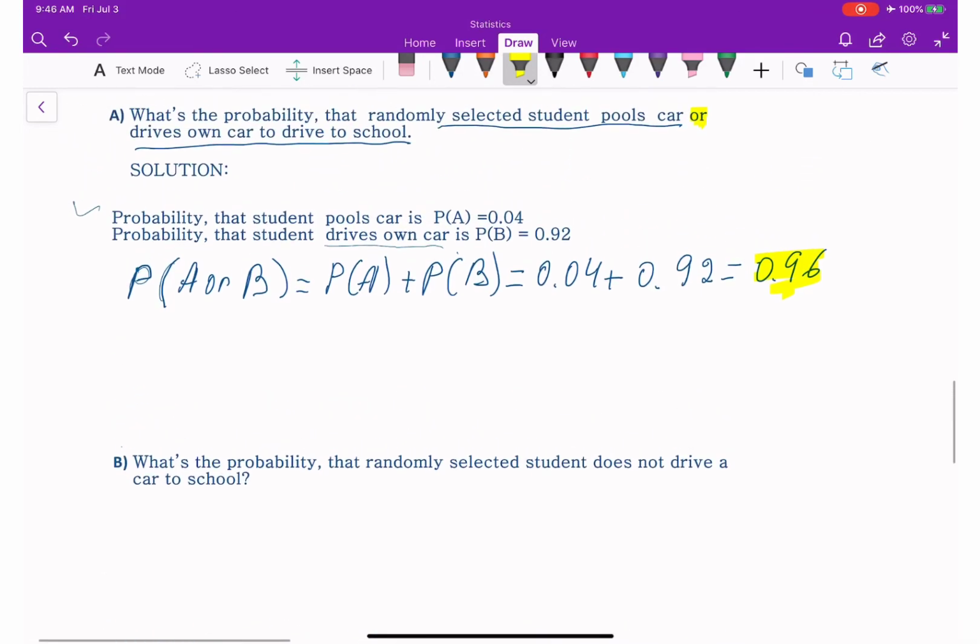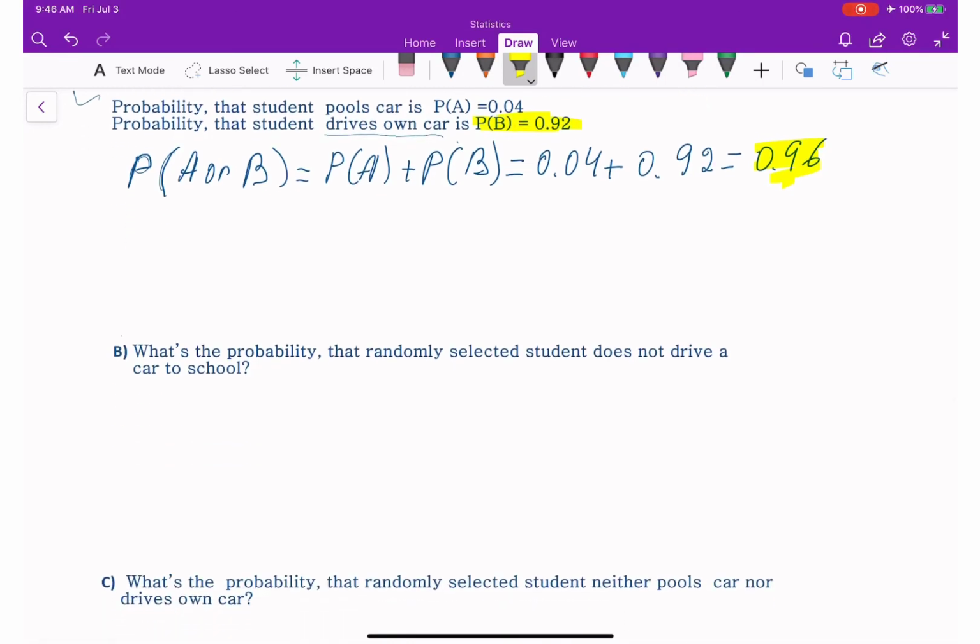So the students who drive car, we mark down as a P of B, probability of B. So if probability of B, driving car, is 0.92, then probability of not driving car, we say complement.